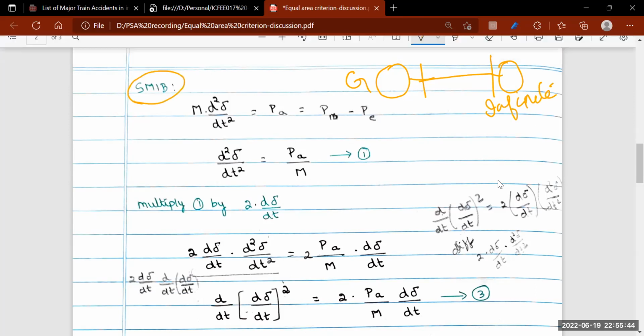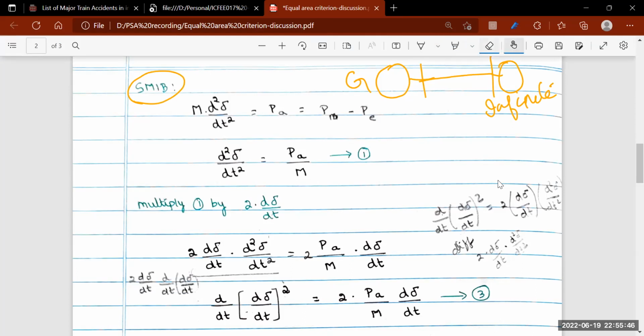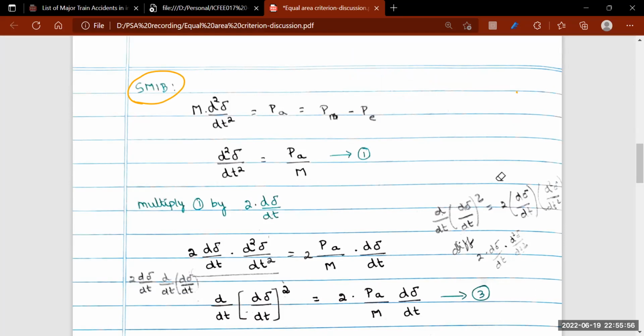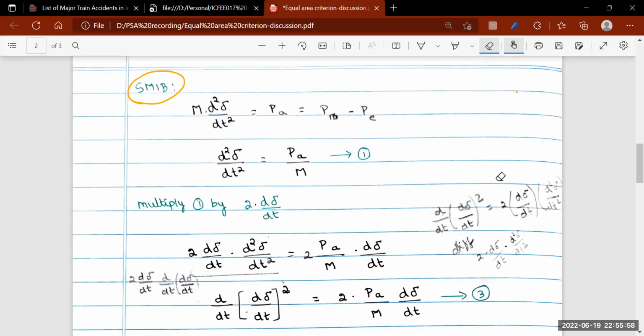What is my swing equation? H by pi f d square delta by dt square is equal to PA, which is equal to PM minus PE, where PM is the mechanical input and PE is the electrical output.